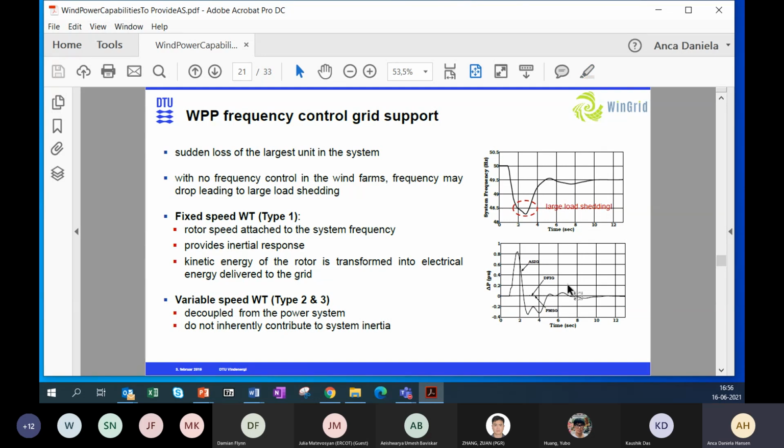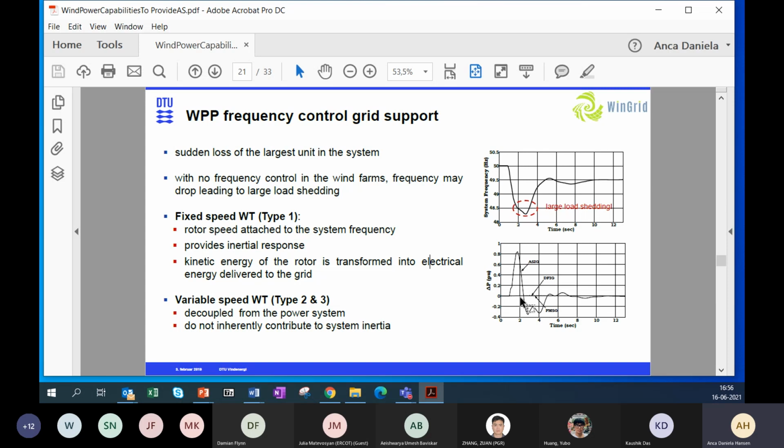Anyway, here at the bottom, you can see how different types of wind farms react to voltage drops. We can see that fixed-speed wind turbines actually provide inertial response, supporting the frequency during the fault. So they react like conventional power plants, while the DFIG and PMSG do not react at all, as expected, as they are decoupled from the grid, and so they do not inherently have system inertia like fixed-speed wind turbines.